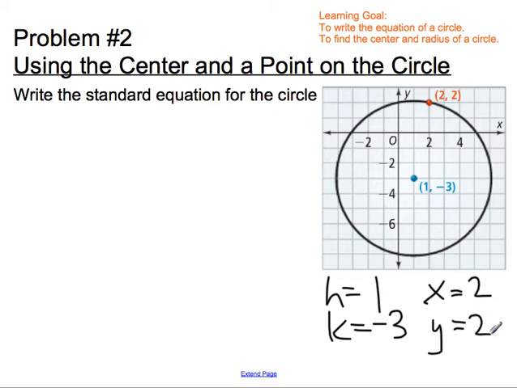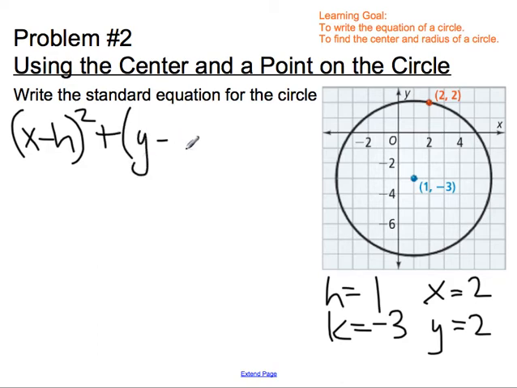So I'm going to go ahead and write the general form of the equation. We have x minus h, quantity squared, plus y minus k squared, and that's supposed to equal r squared. So let's plug in what we know.